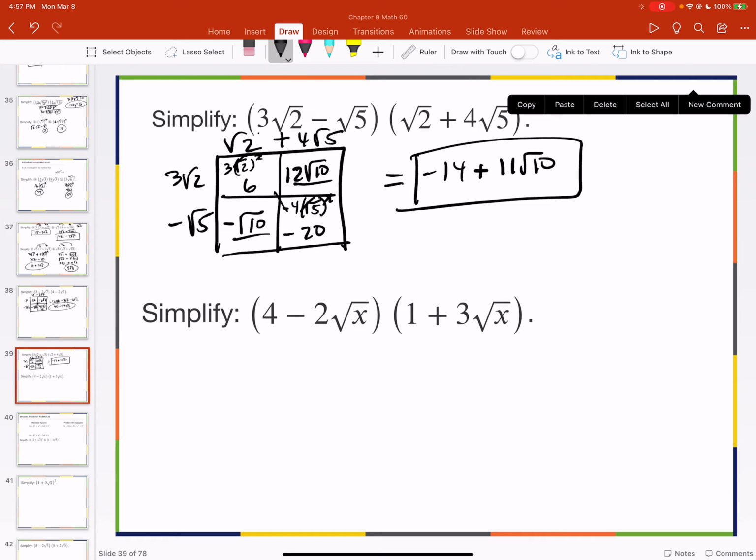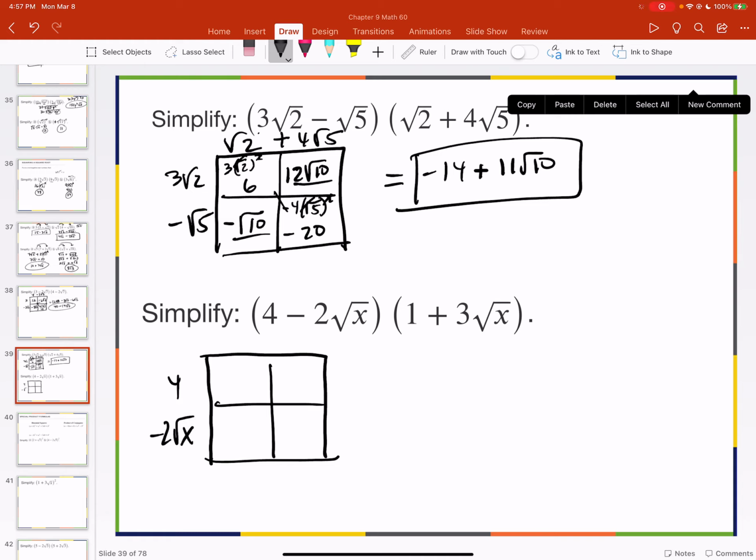Let's do, this one here includes variables, but it's not much different, right? Okay, so we have 4 minus square root of x, times 1 plus 3 square root of x. So then you get, filling in the boxes, this is 4, this is 12 square root of x, this is negative 2 square root of x, and then this is going to be negative 6 times square root of x squared is just x.